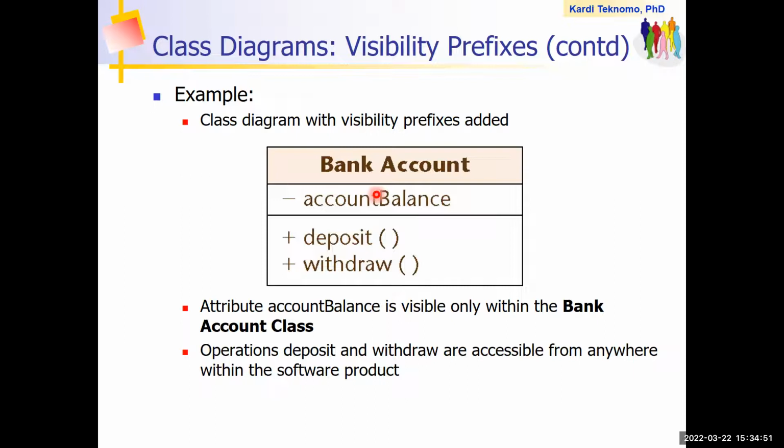Outside the bank account class can do deposit, can do withdraw. Inside that class, minus means local, right? That account balance can be accessed within that class alone, but not outside. That's the meaning of minus here. Clear, yeah?